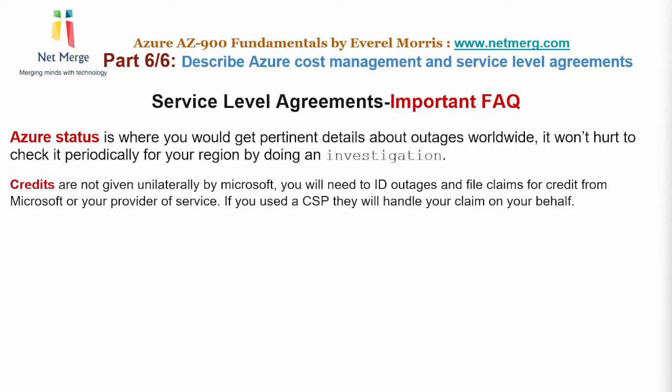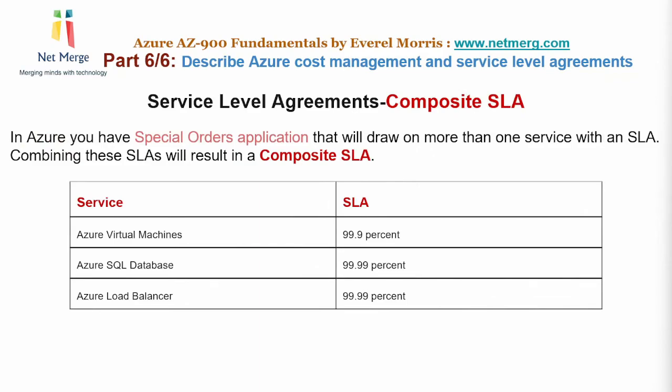You will need to identify outages and file claims for credits from Microsoft or your service provider. If you're using a CSP or going through a third party, they will handle the claim process for you and make sure that you get your deserved credit. Now you have only 1 month to file claims with Azure for outages. So the month following the outage is the only leeway you have before you lose that particular credit.